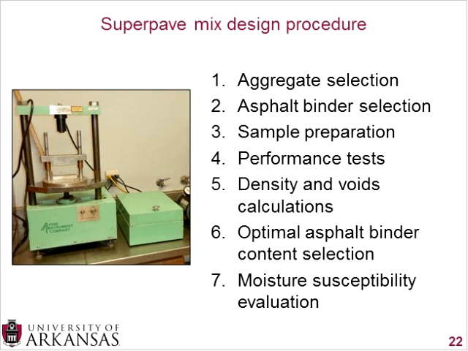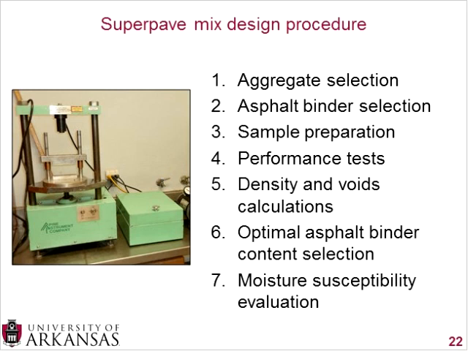You prepare your samples. However, now you can also run some performance tests to see how they theoretically will perform in the field. And a big part of the Superpave mixed design procedure is performance tests to try and quantify how they will react to rutting and cracking in the field. Of course, the density and void calculations help you find your optimal asphalt binder content.